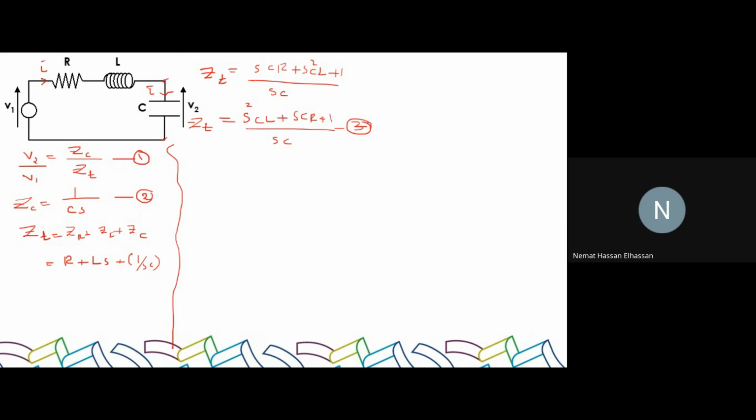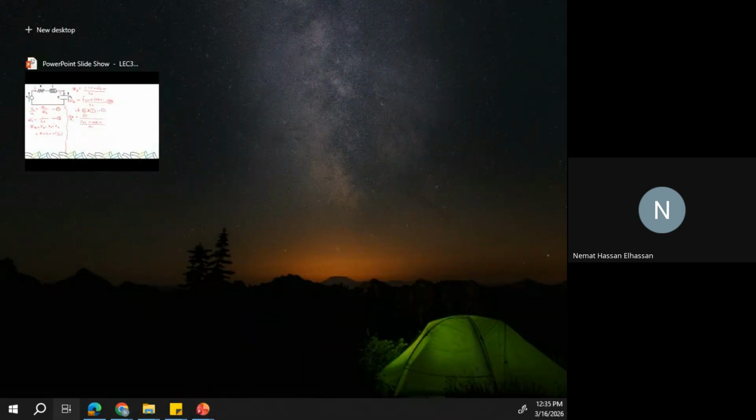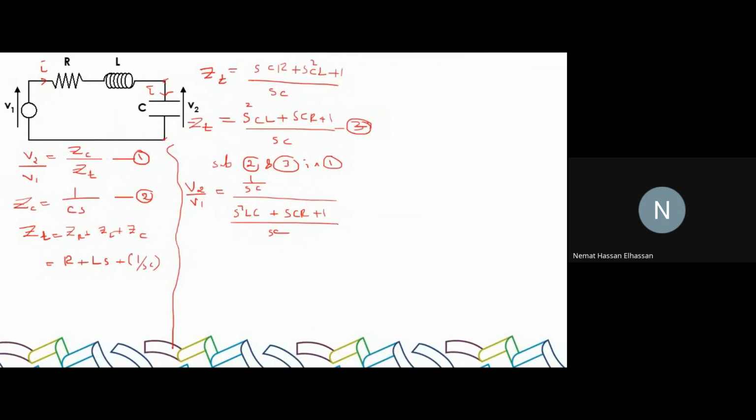And then I'm going to substitute 2 and 3 in 1. So we can say that V2 over V1 is equal to ZC, which is 1 over SC, divided by Z total, which is S squared LC plus SCR plus 1, all over SC.